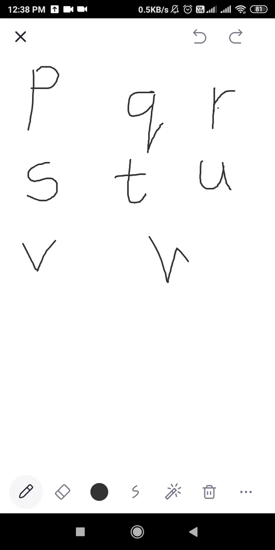Capital W you draw like this, right? So small w is like this. Then X, two cross lines crossing each other. V for van, W for watch, and X for xylophone.